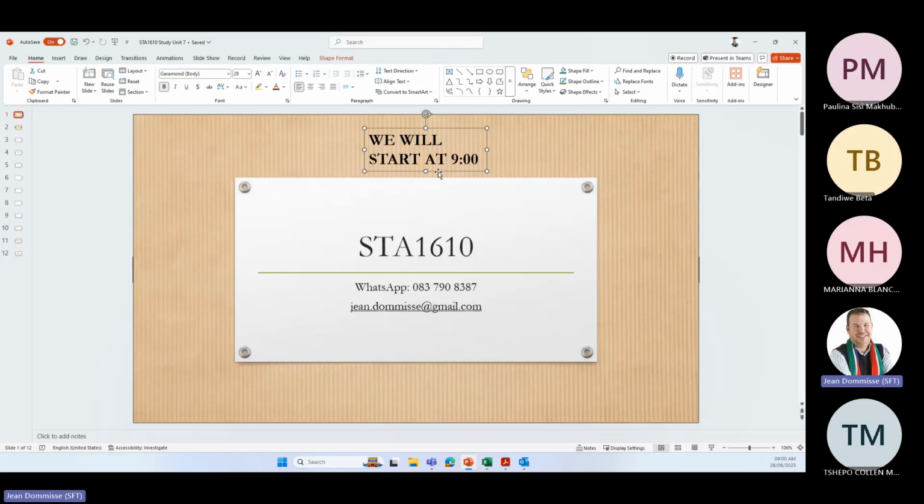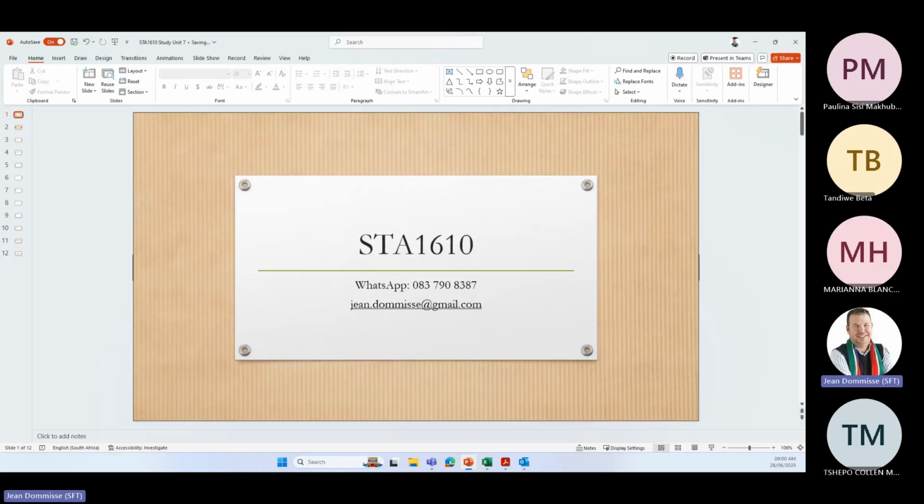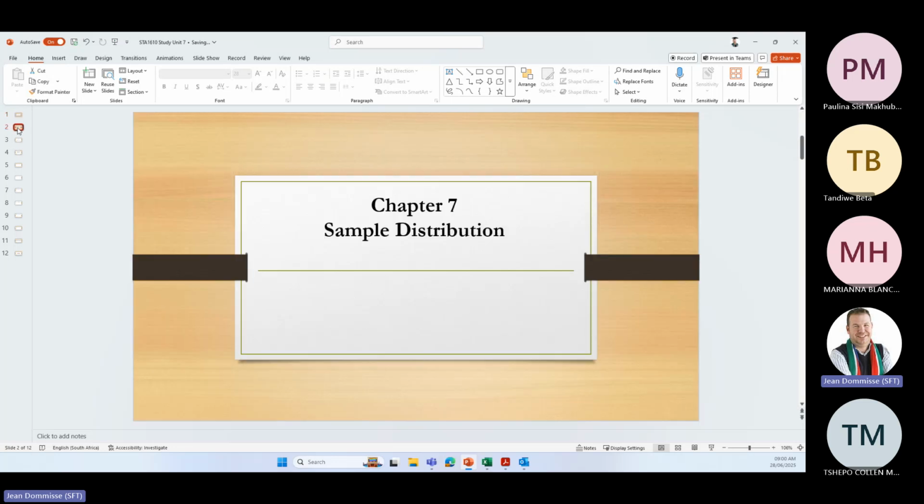At Unit 7, we'll go into sample distributions. What we will do here is take what we did in study Unit 6, where we started off with a normal distribution, one step further, to say we now work with a sample instead of a full population.